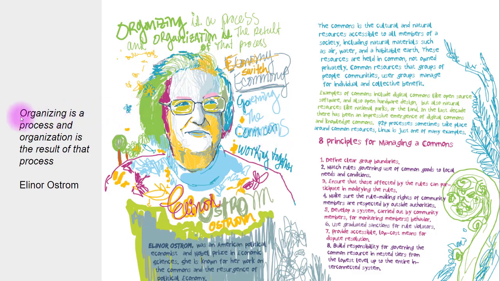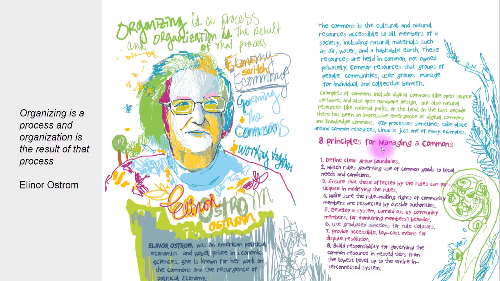And she has a very nice saying that says, organizing is a process and organization is the result of that process. So when we look at the nice open source projects, you always look at the end result, the organization. Oh wow, look at this documentation, how well it's done, how nice it's done. But sometimes we don't actually understand what is the organizing process that creates this level of organization.